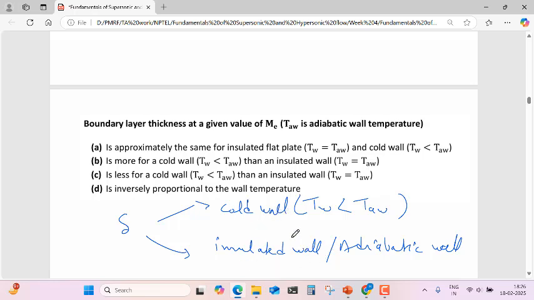So what will be the answer? Sir, I think it is inversely proportional to wall temperature, sir. No, it will not be this answer.